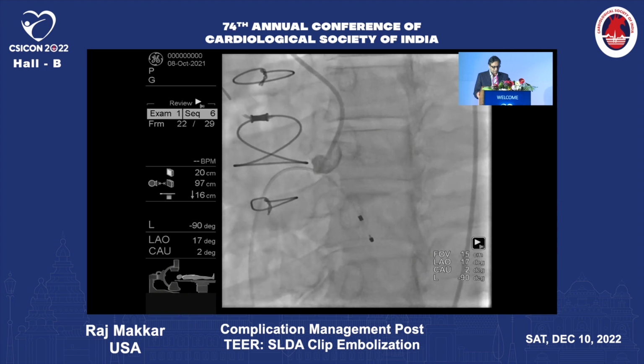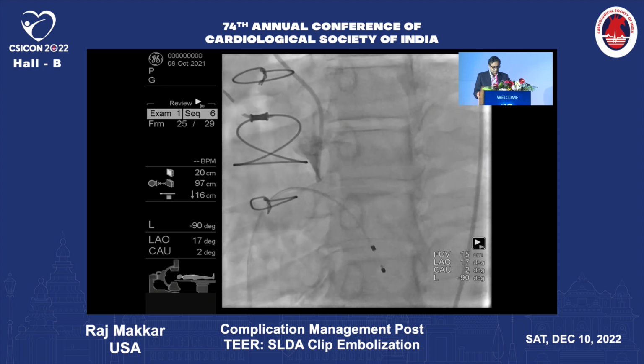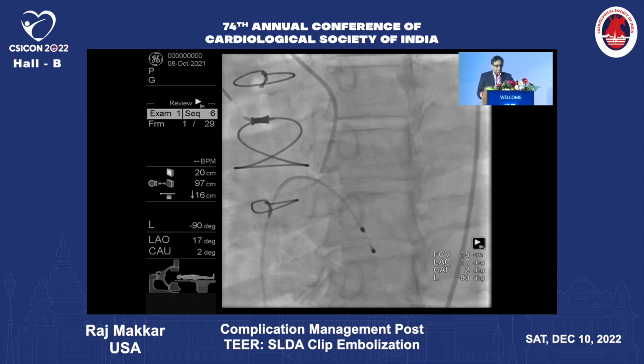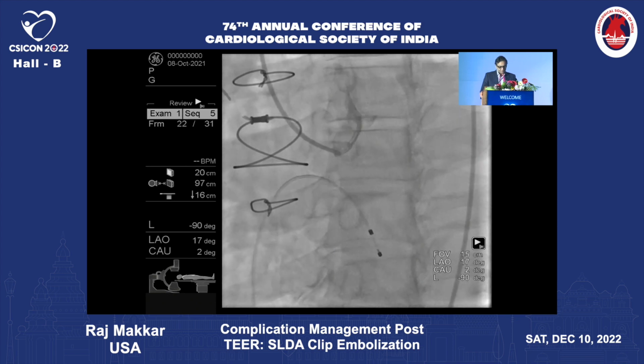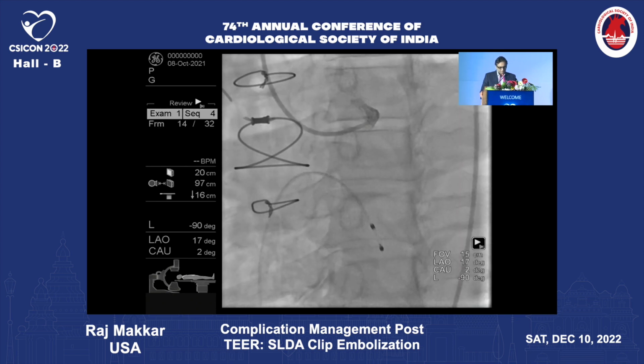At times it is not possible to get to the left side with the multipurpose, so you might have to use multipurpose 2, or occasionally you might have to use an AL1 or AL2 catheter. So I think in this case we are hopeful that when we get to the stage of identifying our locators in individual cusps, we'll be able to do that.